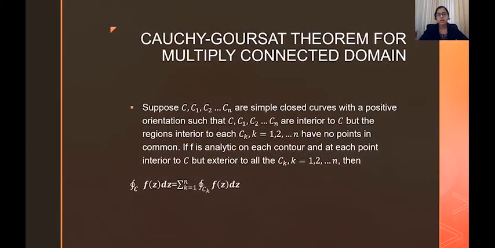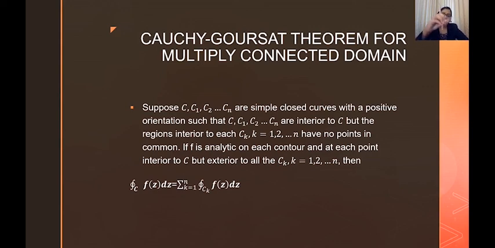So that is how we can apply Cauchy theorem for a multiply connected domain. Basically what we have to do is check whether the function is analytic everywhere or not. If the function is analytic everywhere in the given contour, then the integral is 0. There may be cases where the function fails to be analytic at some points in the given contour.